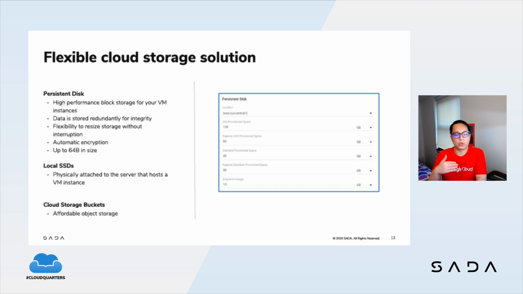And you can also attach a cloud storage bucket, which is very affordable object storage for your usage. Persistent disk is region specific, which means you can provision different locations based on our regions, and then provision different sizes of storage for your environment.